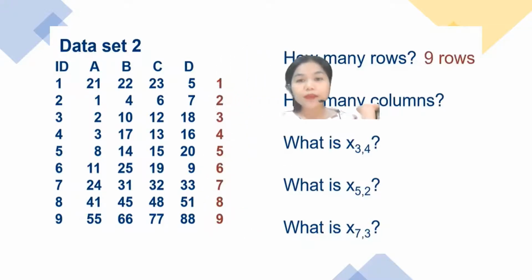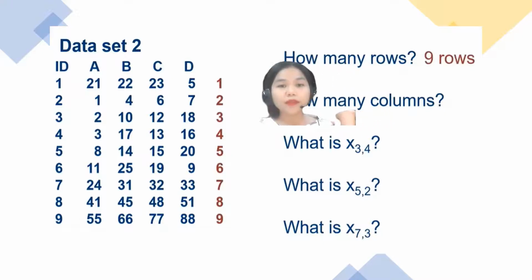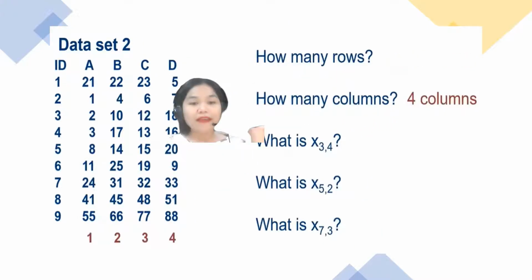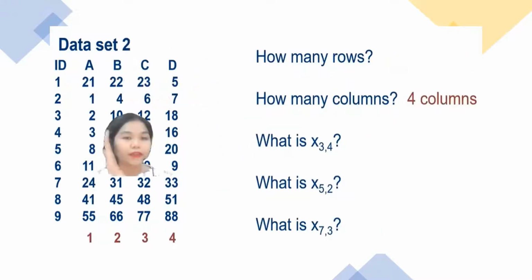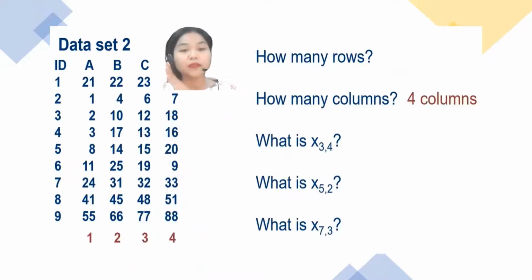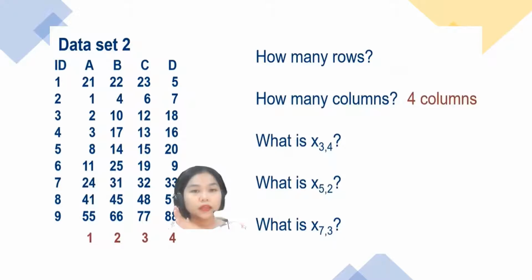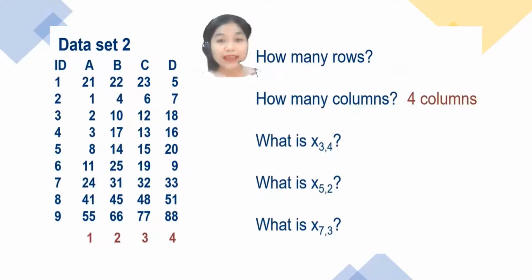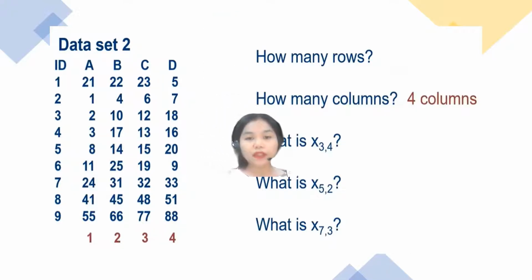After getting the number of rows, we need to count the number of columns. So we have 4 columns. Column A is the first column, B is the second column, C is the third column, and column D is the fourth column. Since we already identified the number of rows and columns, we need to know the values specified by the following location or position.